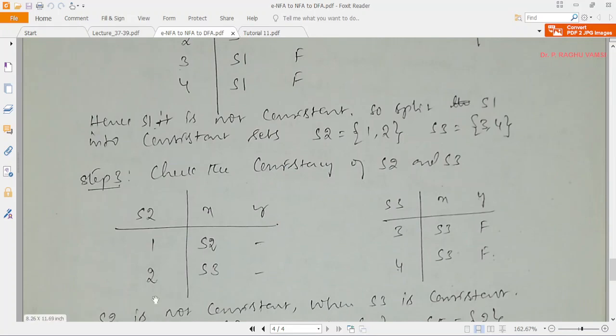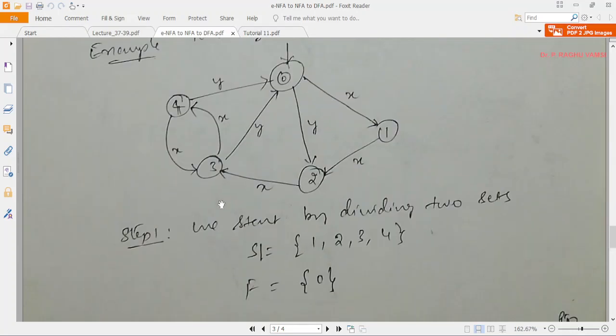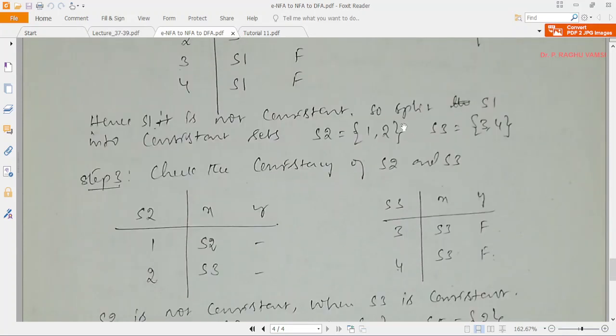Now 2 on X is moving into the state 3. State 3 is available in S3. So 2 on X is going into S3. 2 on Y, there is no possible input, so it is null.